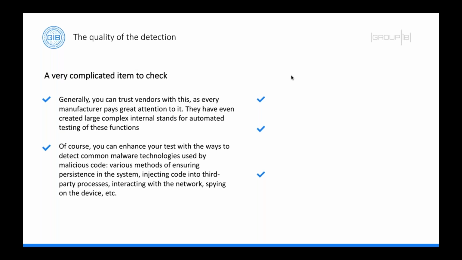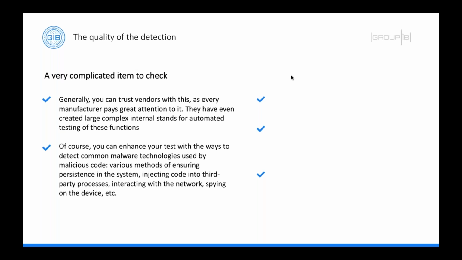And what you should or could include there: various methods of persisting on the operating system, injecting code into third-party processes, integrating with the network, like sending data or downloading files and executing them. All this spying functionality, like creating screenshots and sending them somewhere to the internet. All these things could be implemented in such a test.